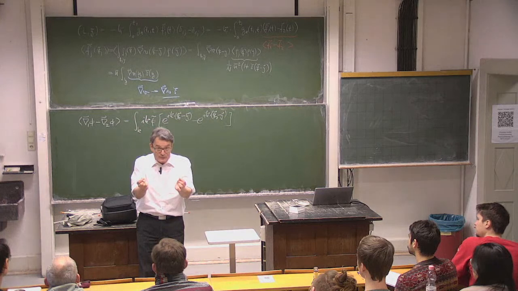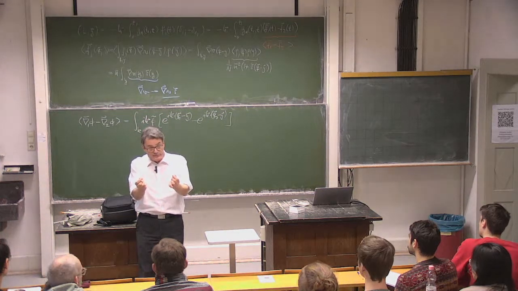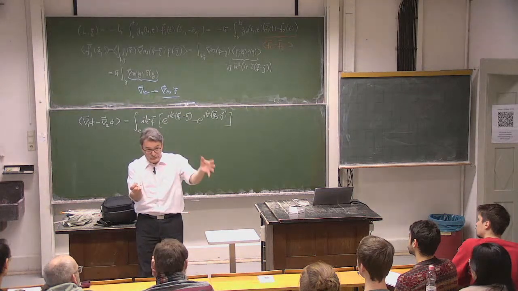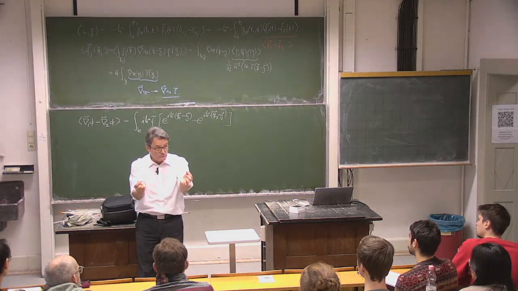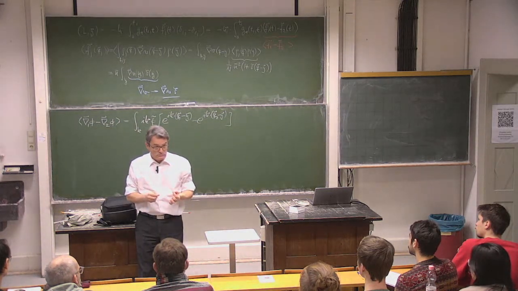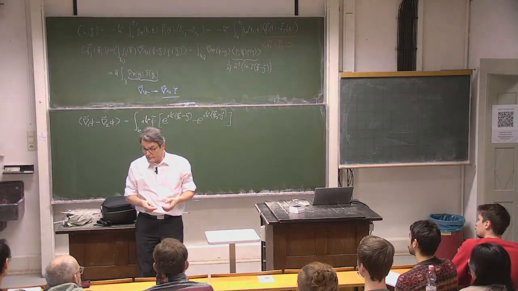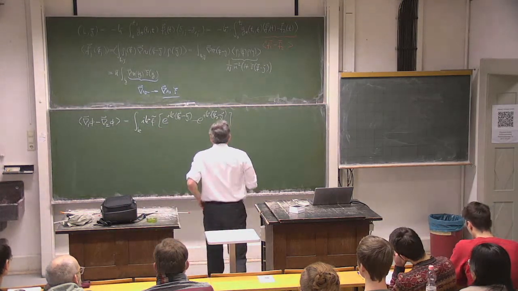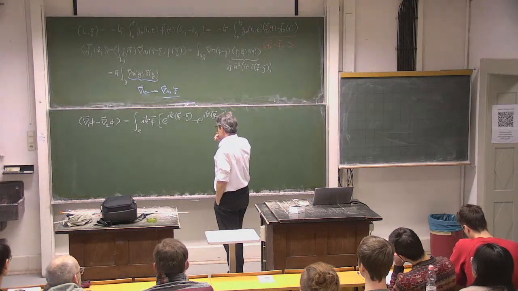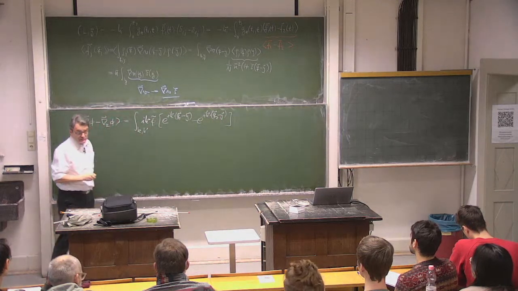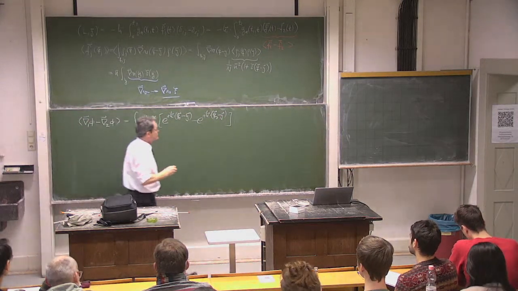Now, where's the mean field approximation? The mean field approximation says I'm averaging the force on particle 1 by a mean field at the position of particle 2. And then I'm exchanging the role of these two particles. And you know that by Newton's third law, this just will give us a factor of 2 for the force. All right, now I'm going to represent these delta functions also in Fourier space.